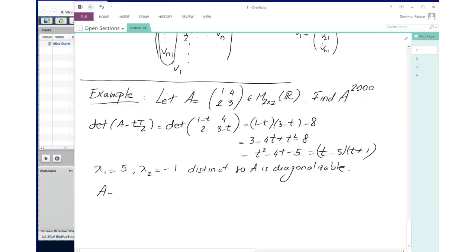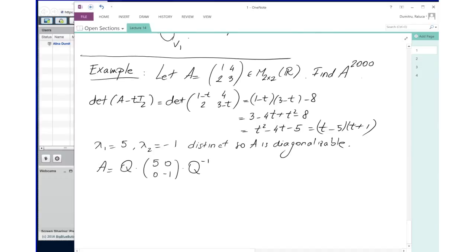All right, so then A equals Q times D times Q inverse, right? Where Q is that matrix obtained by putting the eigenvectors next to each other.